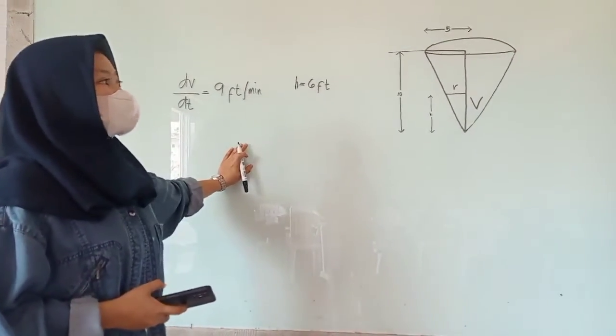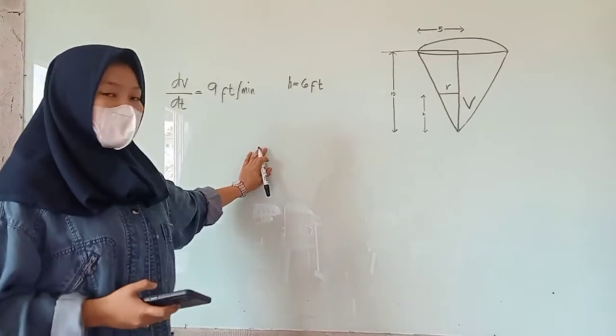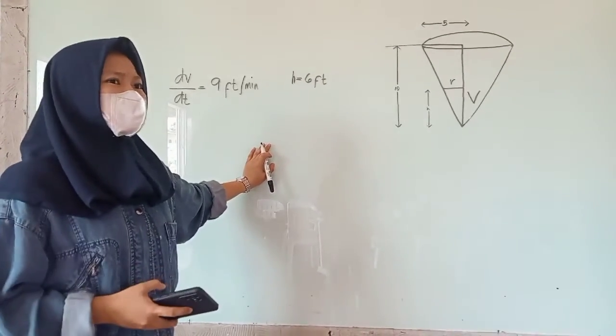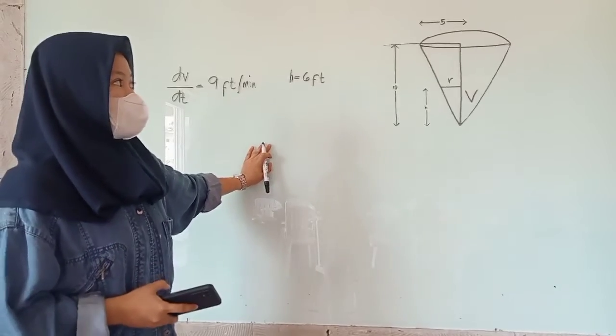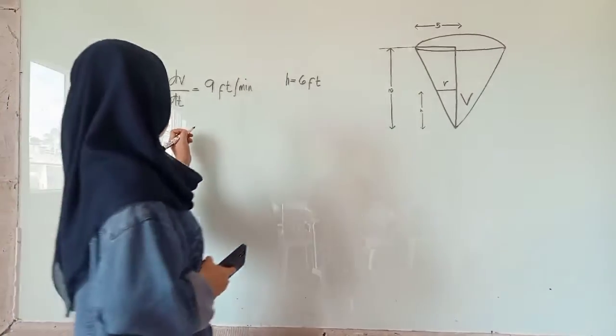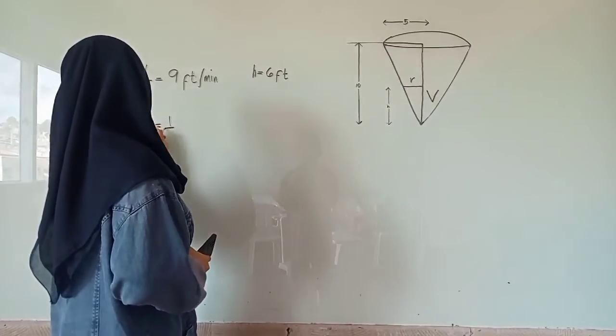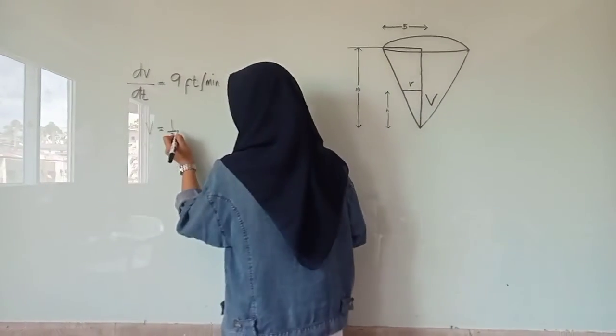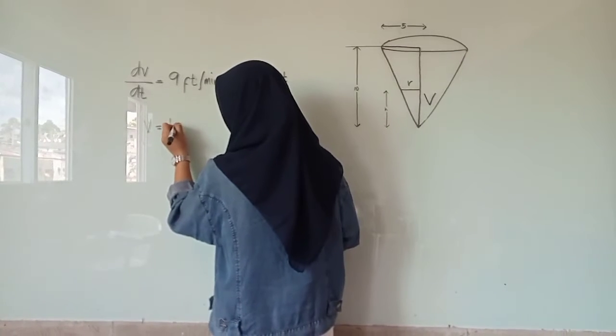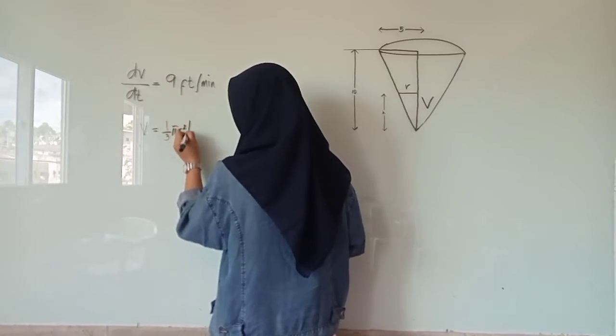Since the shape of our problem is a cone, the formula we will use is V equals 1/3 pi r squared times h.